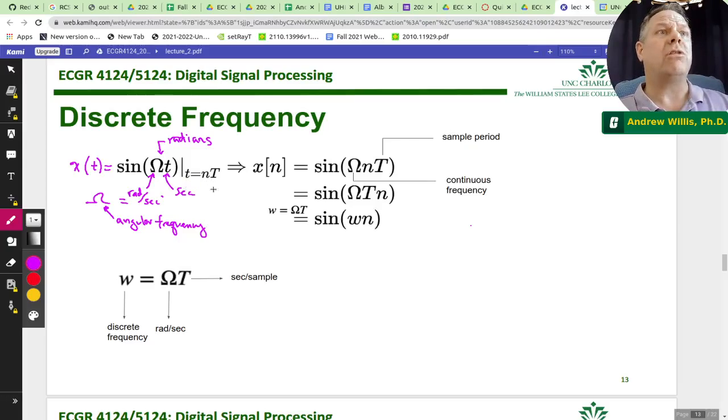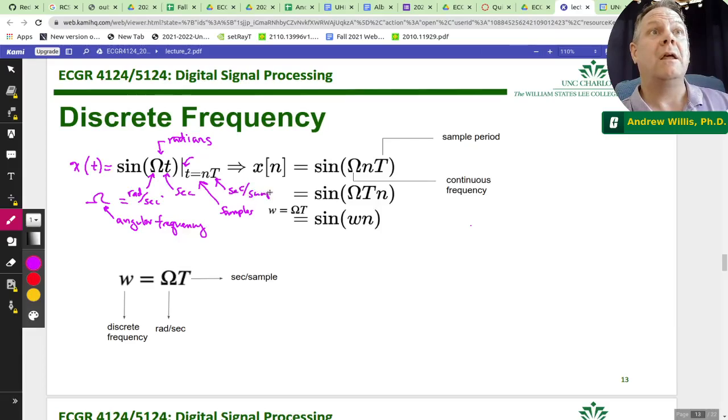So we sample this, and this is how we represent the sampling process. We choose specific values of time, those values that are equal to n, some integer, times the sample period, T. And so n has unit samples, and so what units does T have to have? n is an integer, and T is seconds per sample.